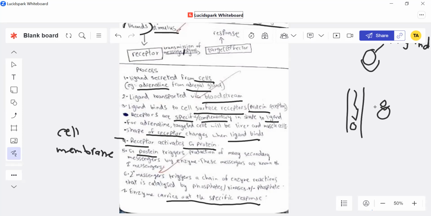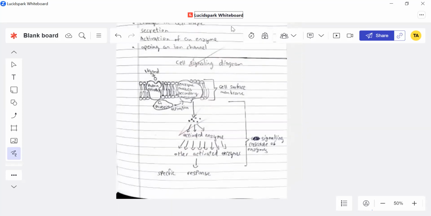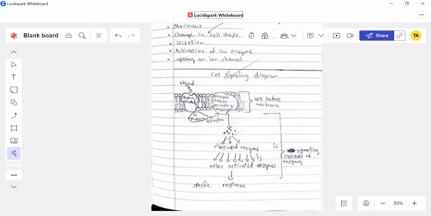So in summary, this is cell signaling. Let me zoom in. The ligand reaches the cell membrane. The cell membrane has a protein receptor. The ligand attaches to the protein receptor. The protein receptor changes shape and activates G protein.